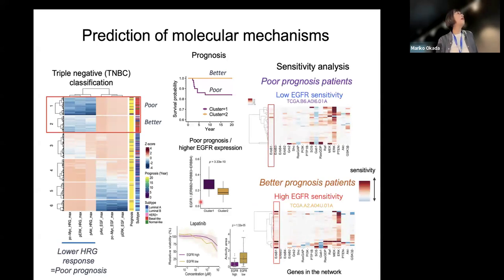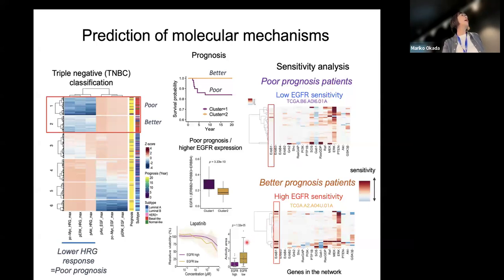And then we again used the sensitivity analysis for each patient group, and we found that lower EGFR sensitivity is associated with poor prognosis.